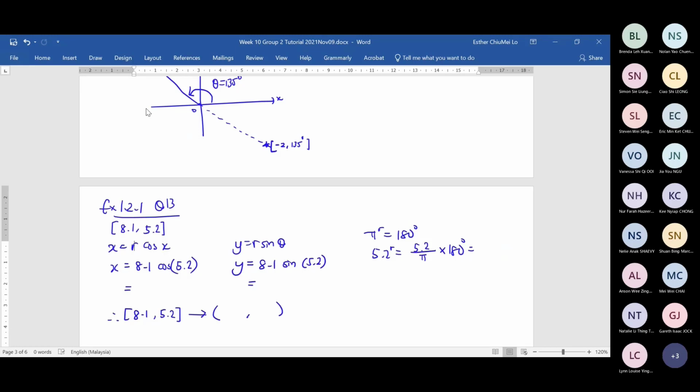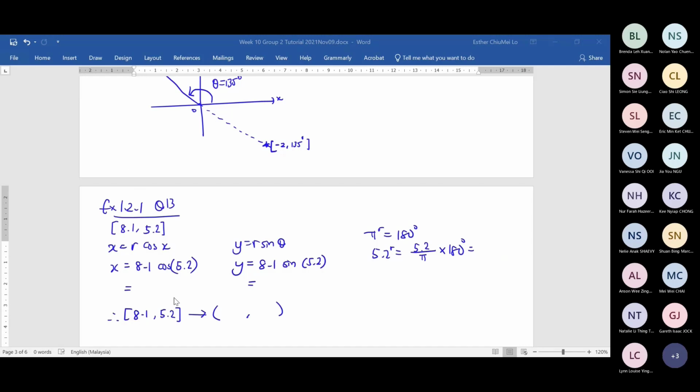So maybe you calculate and let me know what answer you get for x. Audrey, or maybe someone can help.